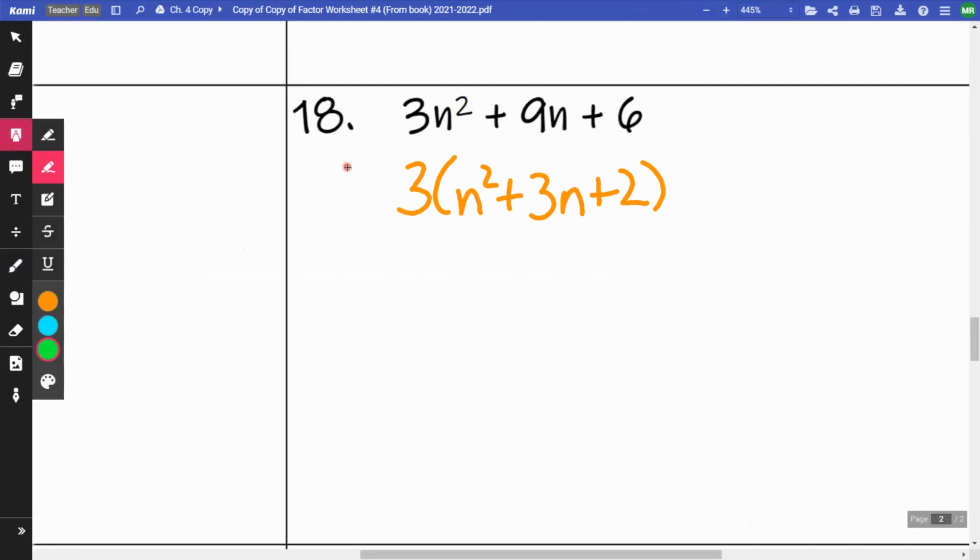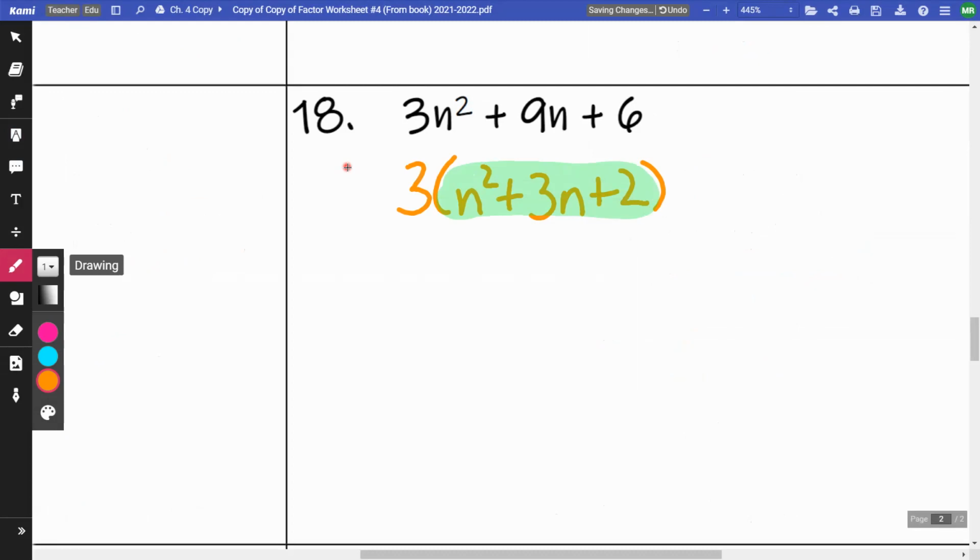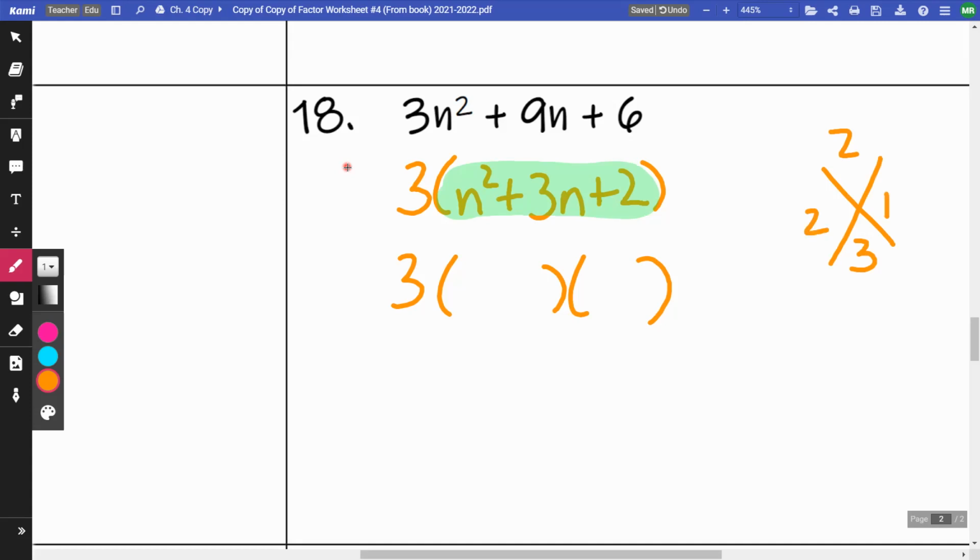So I have a quadratic here, degree 2, so that probably is factorable. And that would be a diamond. You can draw it or you can just think it. What multiplies to 2 and adds to 3? Well, that's going to be a 2 and a 1. So this is going to be 3 times n plus 1, n plus 2. And that will be my answer.